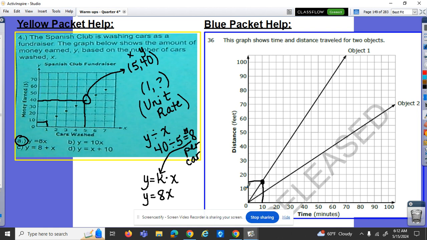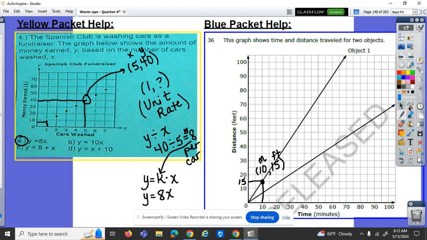And think about what would be in between these 2. In between 10 and 20 is 15. So let's make that coordinate 10, 15. Okay, remember that means 10 minutes for 15 feet.